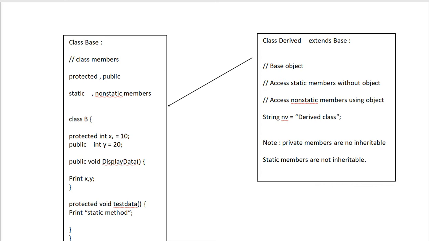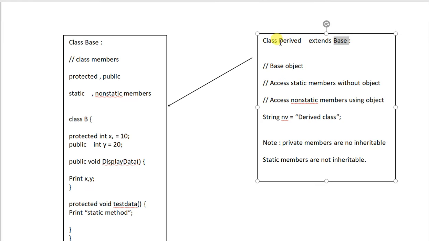Here we can see two different squares. One represents the base class, class Base, and the other represents the derived class, class Derived. If I want to create the derived class of a specific class, the syntax is class derived class name extends base class name.